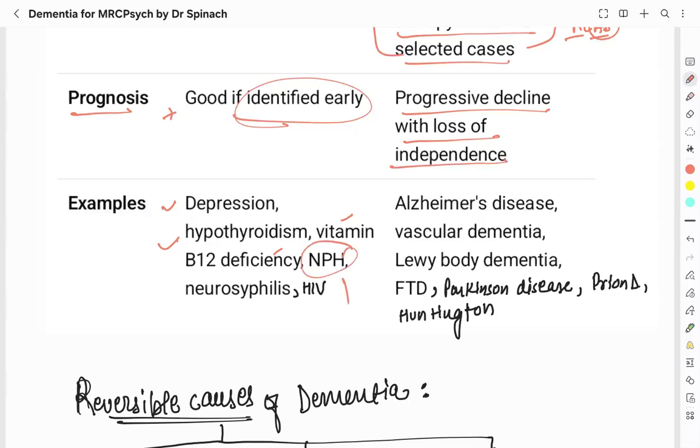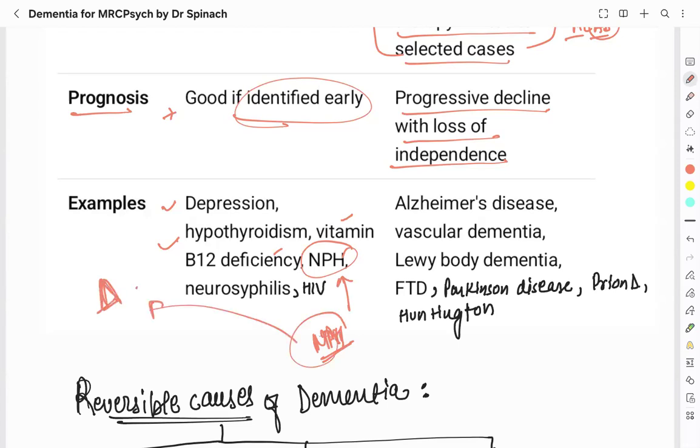What is NPH? What is the full form of NPH? Let me know in the comment section. Yes, normal pressure hydrocephalus. There is a triad that is seen in this.